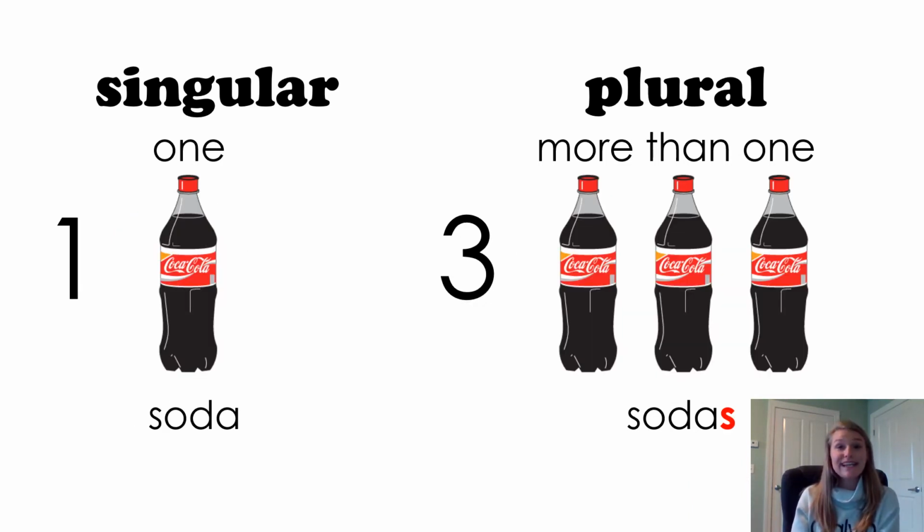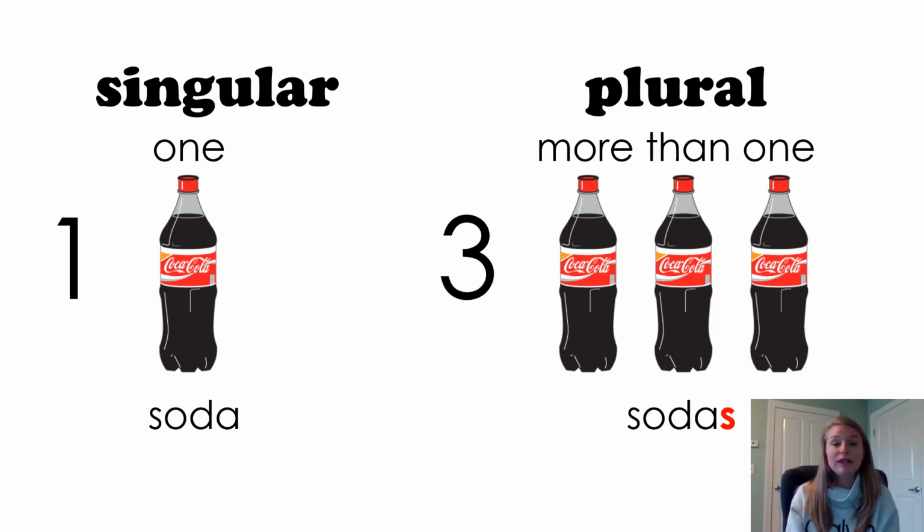So now let's do the same thing, but with some soda. If I want to order one soda, that's all I will say. I would like to order one soda. But just like we did with the pizza, if we want to order more than one of those sodas, I need to add the S. So on the phone, I will tell the person the number of how many sodas I would like to have.